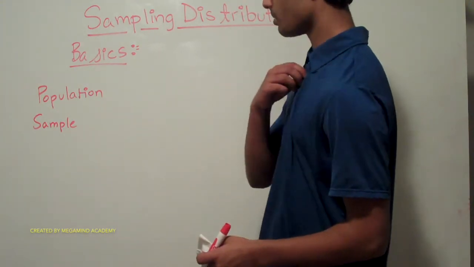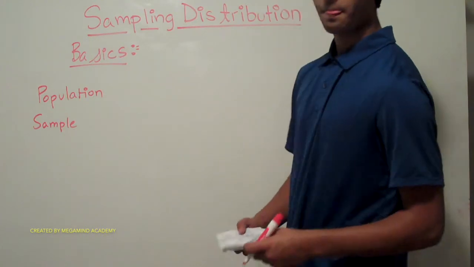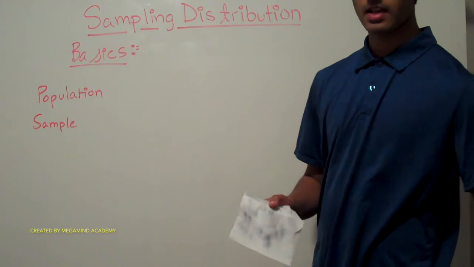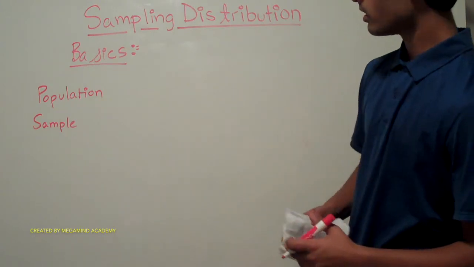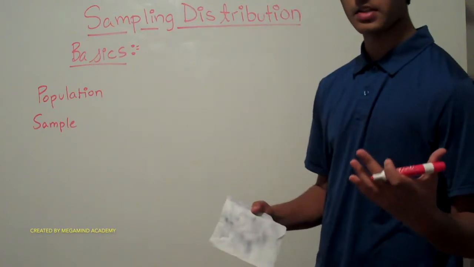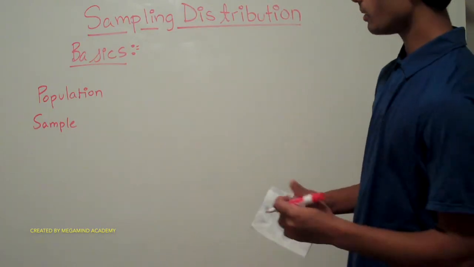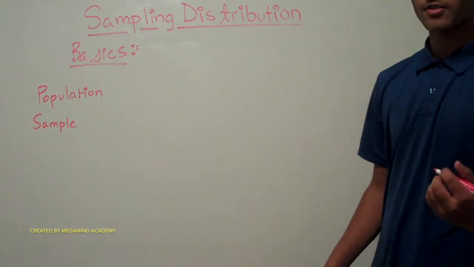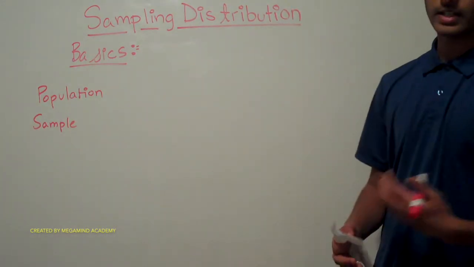In the sample distribution, you just have the values that you get from your samples. Now in a sampling distribution, you have the averages of those values in your histograms.